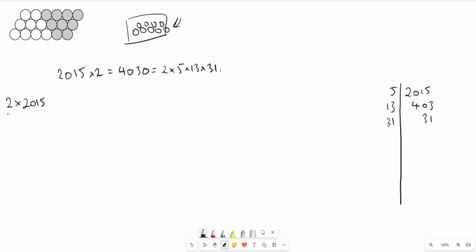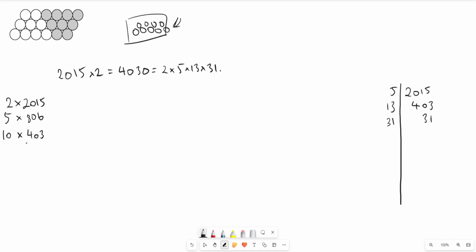Another option here we could do is 5 times 806. Which definitely increases in height, which is what we're looking for. Let's see if we can increase more in height. So we can by multiplying 5 by 2, doubling it to make 10, and halving 806, which is just 403.